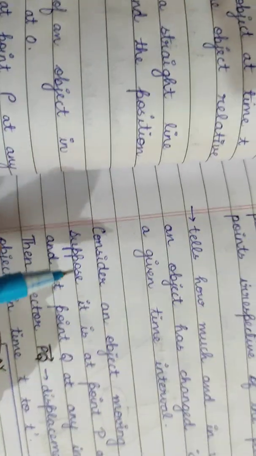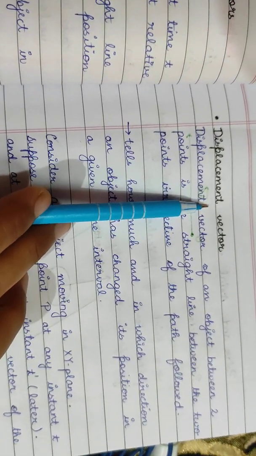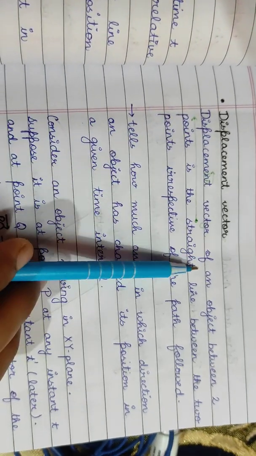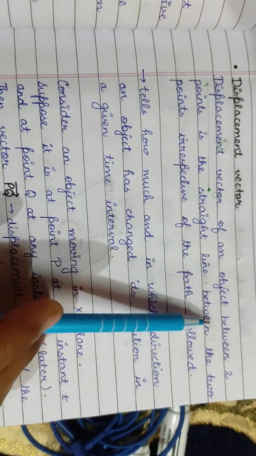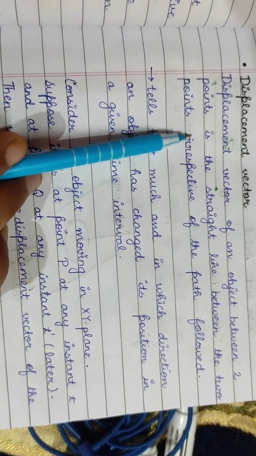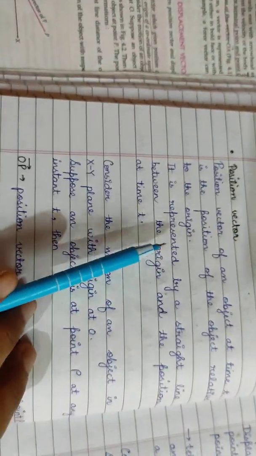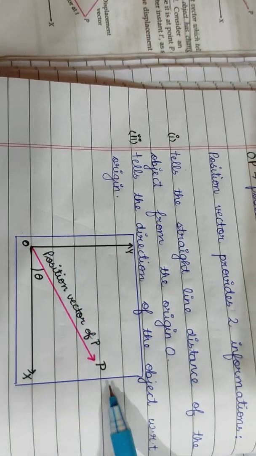Now we will talk about displacement vector. So what is a displacement vector? The displacement vector of an object between 2 points is the straight line between the 2 points, irrespective of the path followed. In case of position, we were talking about only one point, from the origin to another point.